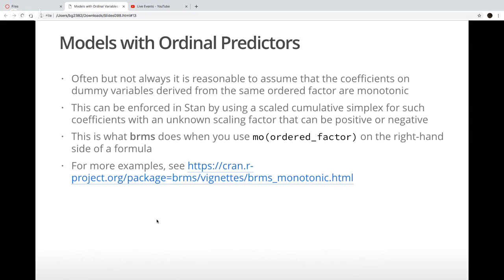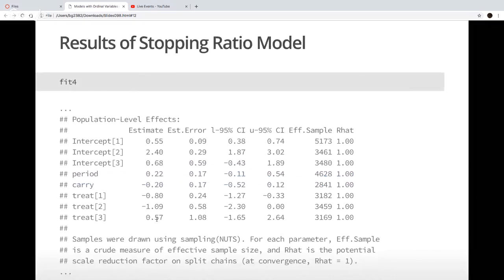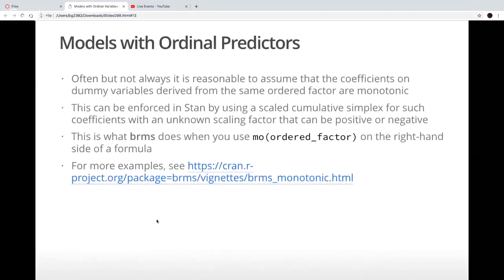And now the resulting coefficients are going to have a trend to them, positive if that scaling variable is positive, negative if that scaling variable is negative. And that probably would have been a better idea for these treatment effects that we estimated. But anyway, we'll show how to do one example next.